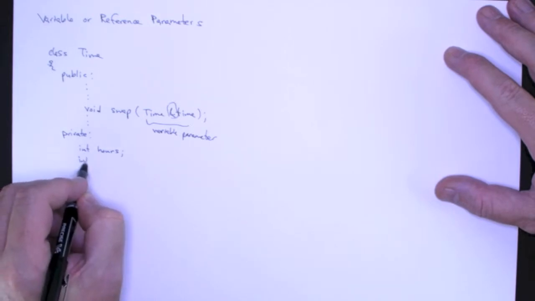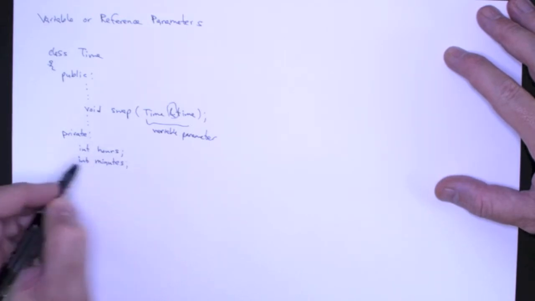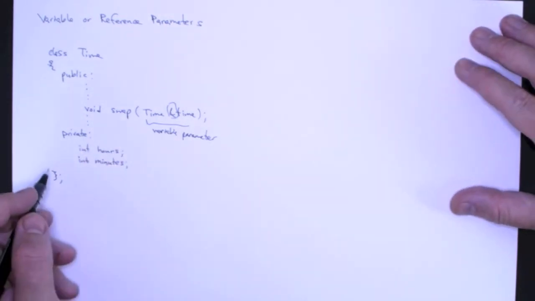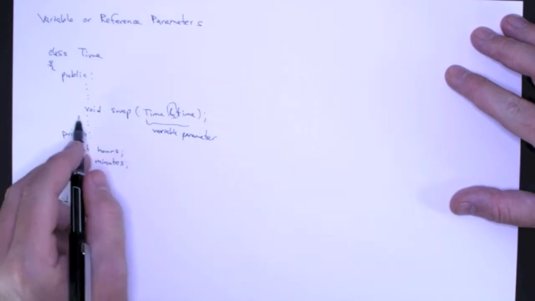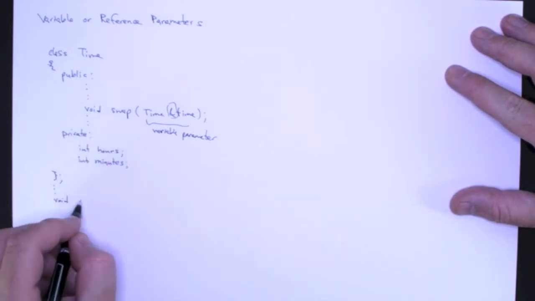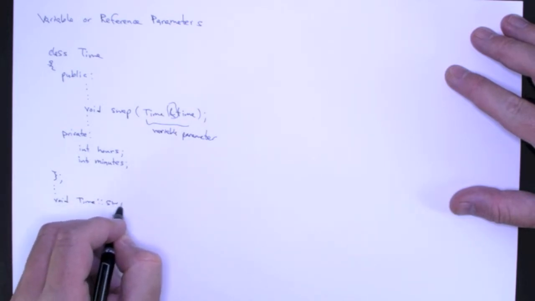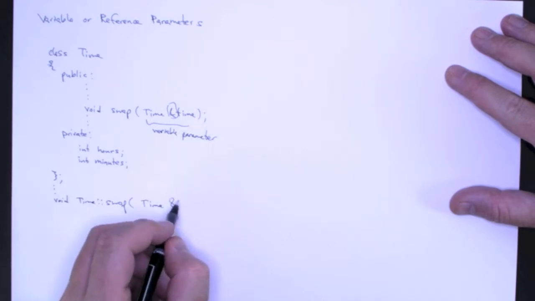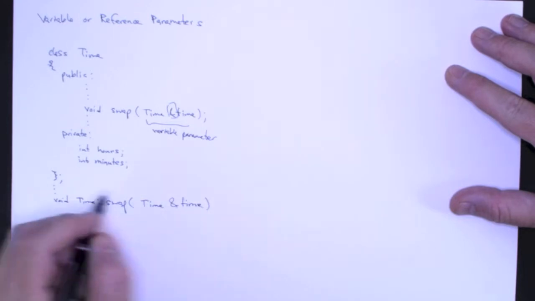So remember that we have these two private data members, hours and minutes. All right. So to implement this, I am going to write a method with a void return type, a member of the time class called swap, and I'm going to pass in a time object by reference.